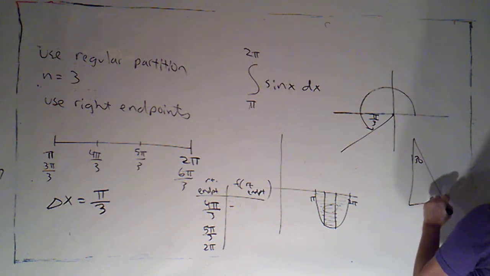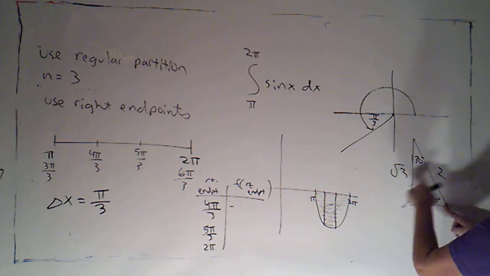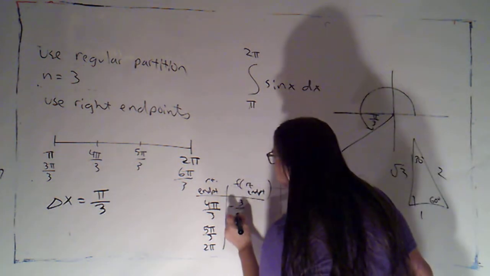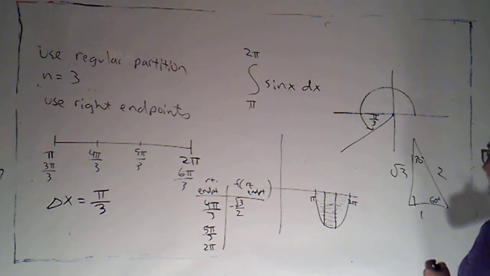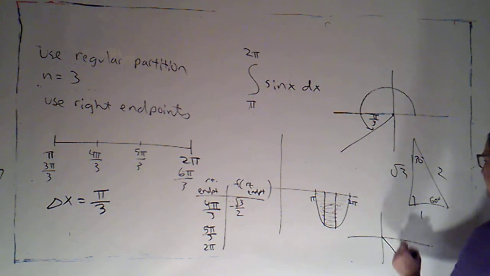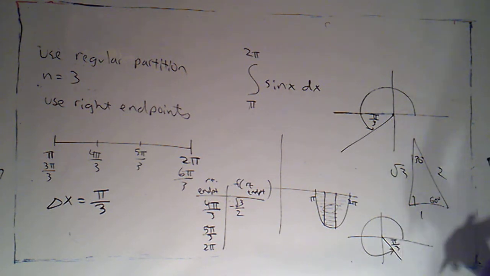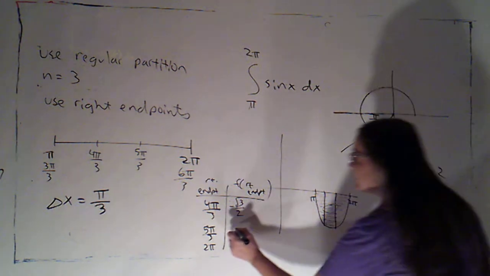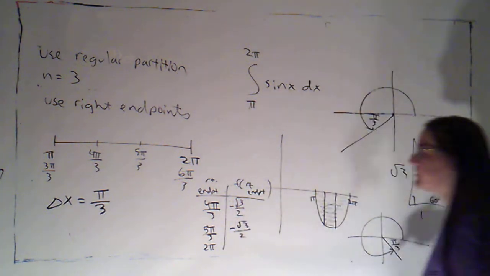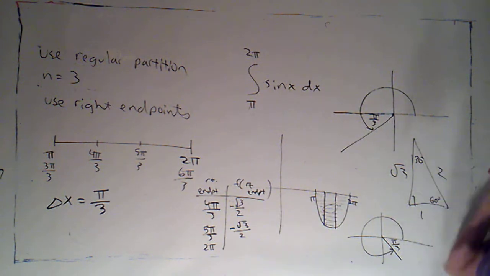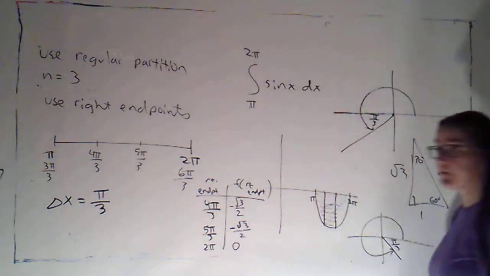So if I look at my 30, 60, 90 triangle, sine of 60 is root 3 over 2. So that's going to be a negative root 3 over 2. 5 pi over 3, very similar, except now we're in quadrant 4. But the reference angle is still pi over 3, so it's going to be negative because we're in quadrant 4, root 3 over 2. And then at 2 pi, sine of 2 pi is just 0.